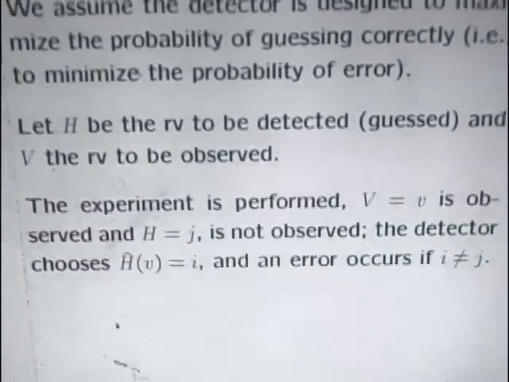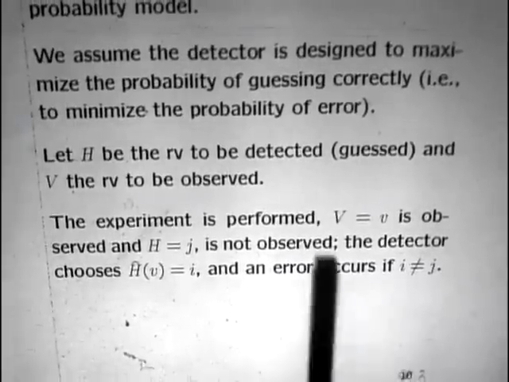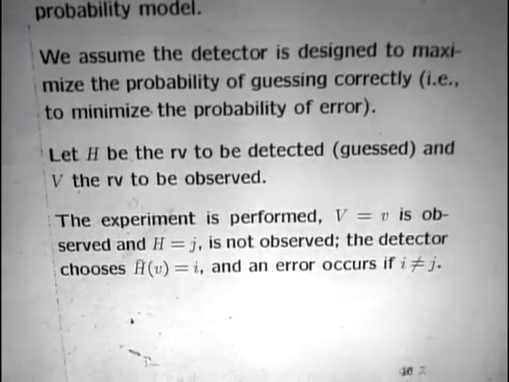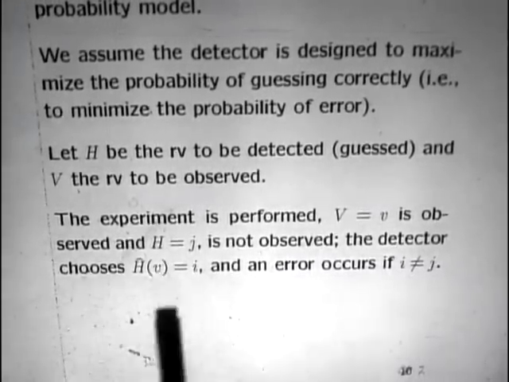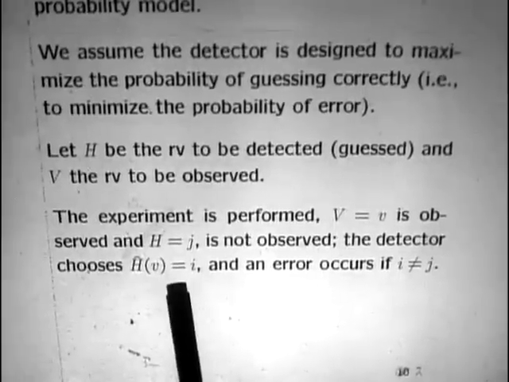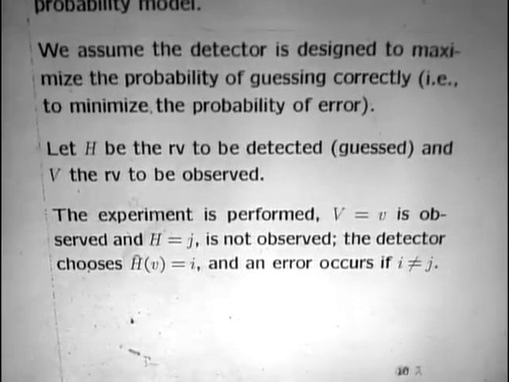Okay, so H is the random variable to be detected, and V is the random variable that's going to be observed. The experiment is performed. Some sample value V is observed, and some sample value of the hypothesis has actually happened. In other words, what has happened is you prepared the whole system, then at the input end to the whole system, the input to the channel, somebody has chosen a 1 or a 0 without the knowledge of the receiver.